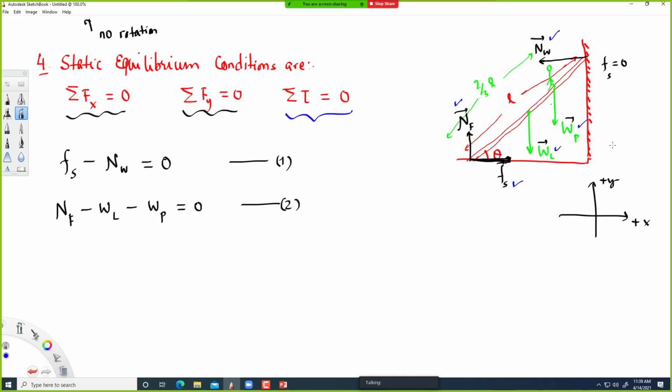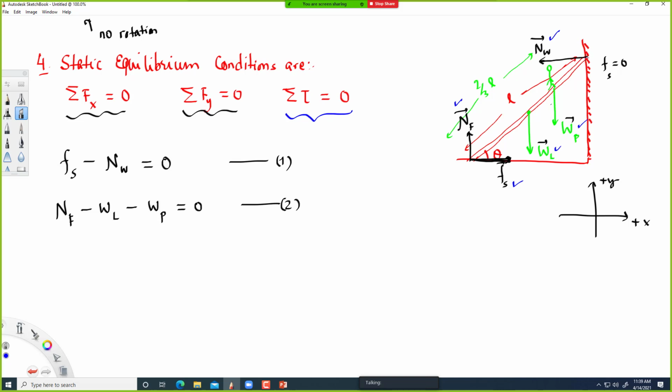It's up to you which point you want to choose as the pivot. You can choose bottom or top. But why choose bottom? Because if you choose the bottom, you have 2 forces, then you don't have to deal with these 2 forces. If you choose top, then you only get rid of 1 force.